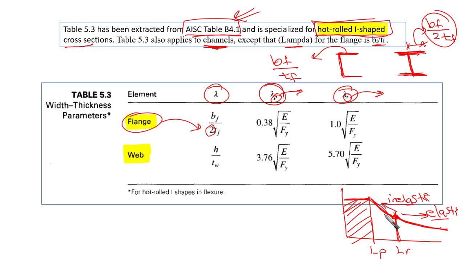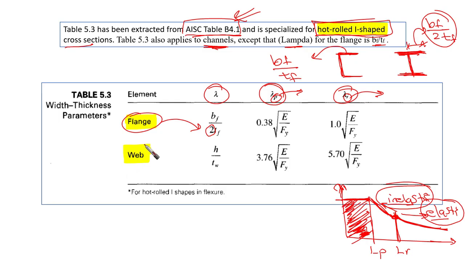If we're talking about beams, it is going to be elastic lateral torsional buckling and inelastic lateral torsional buckling. Here, this is the case of full plastic behavior, or plastic hinging, or we can call it the plastic moment would be developed here.